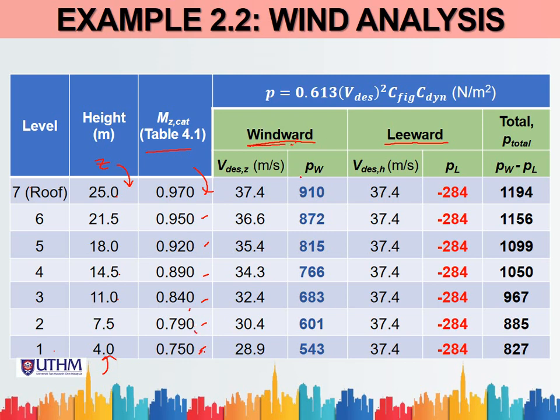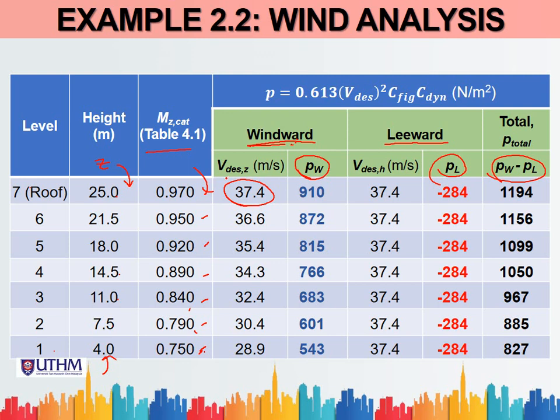Then the objective of this table is to calculate this one, this one and this one. This one has been calculated in example 37.4, the wind load design.